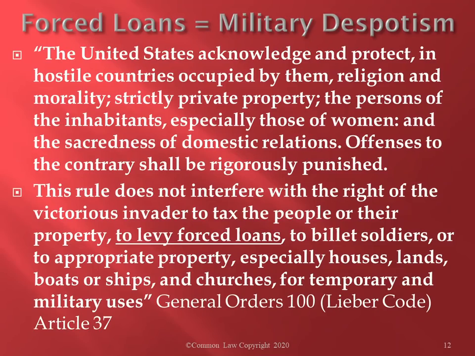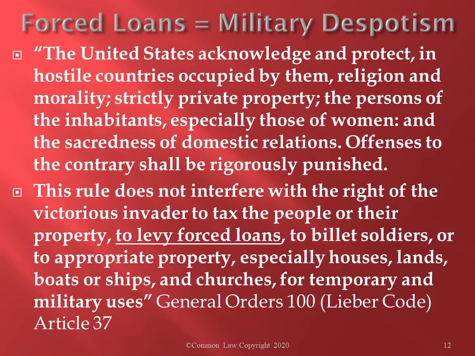This is General Orders 100, also known as the Lieber Code. Article 37: The United States acknowledges and protects, in the hostile countries occupied by them, religion and morality, strictly private property, the persons of the inhabitants, especially those of women, and the sacredness of domestic relations. Offenses to the contrary shall be rigorously punished.